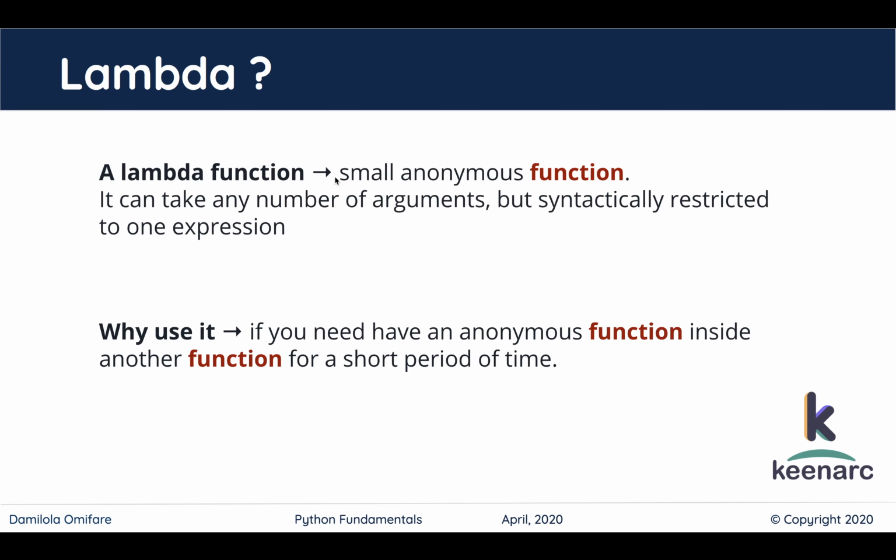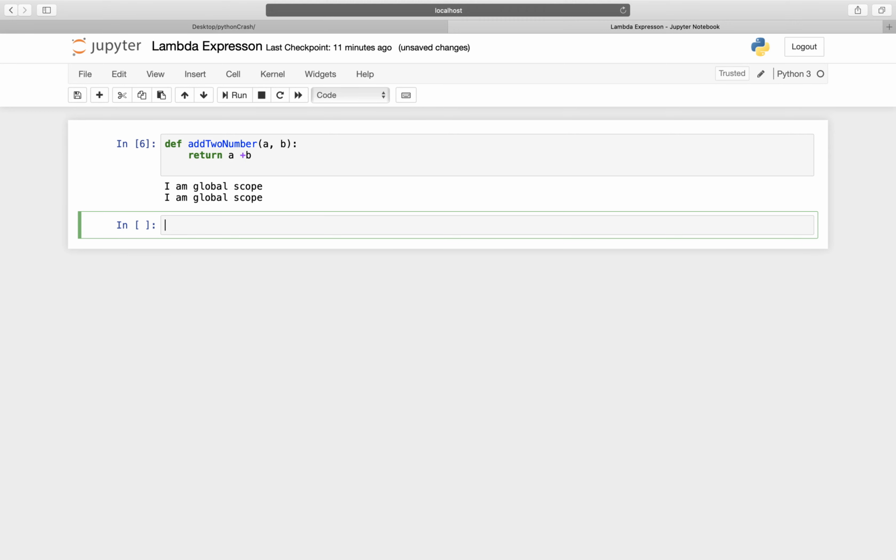So add two numbers takes in the first number and the second number, and you just say return a plus b. Done. Well, you can actually do this without having to declare a function saying add a plus b, and that's where a lambda function comes in.